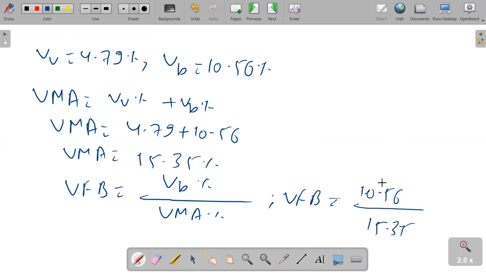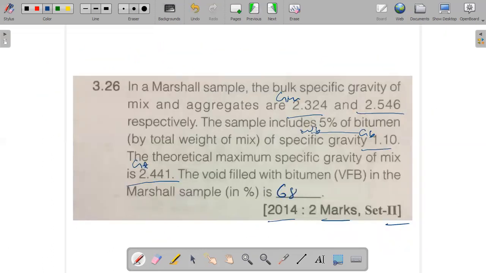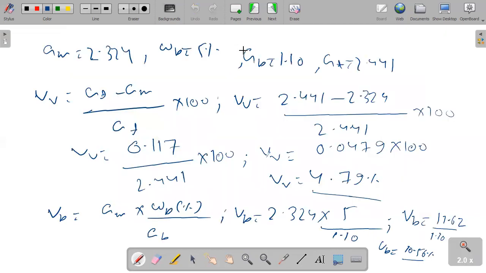If we divide 10.56 by 15.35, we'll get 0.6879 into 100, obviously. So VFB is 68.79%. So our correct answer is 68.79%. So this is it for this question.